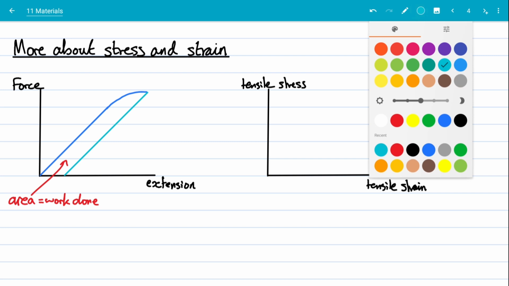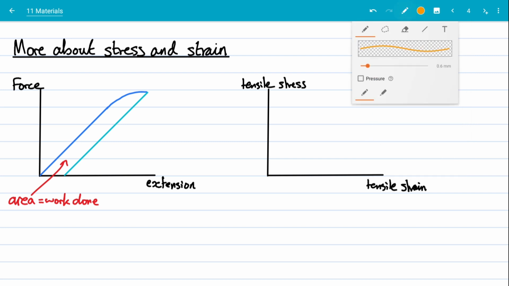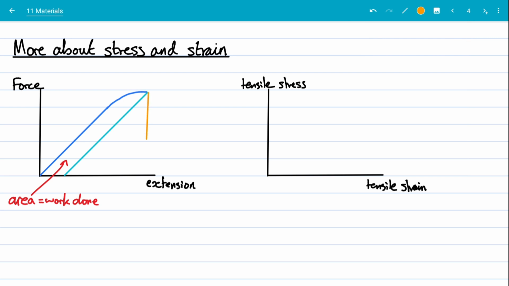And so the work done in extending the object is more than the energy we get out once the object is released. So this area here is less than this area here.